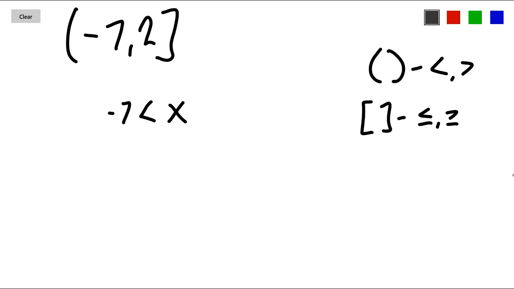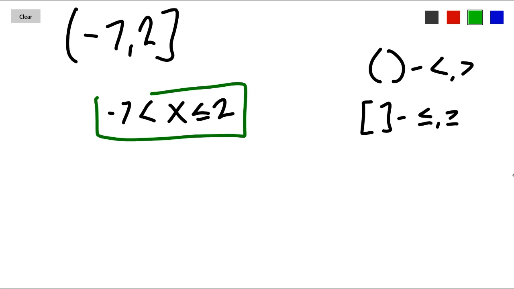And then we also have the right bound is 2, so x is going to be less than or equal to 2. And since it's bounded with a bracket, that means that the value is included, so we write that as less than or equal to 2. So what I'm writing in this inequality notation is that any number in this interval is between -7 and 2, but it could also be 2.